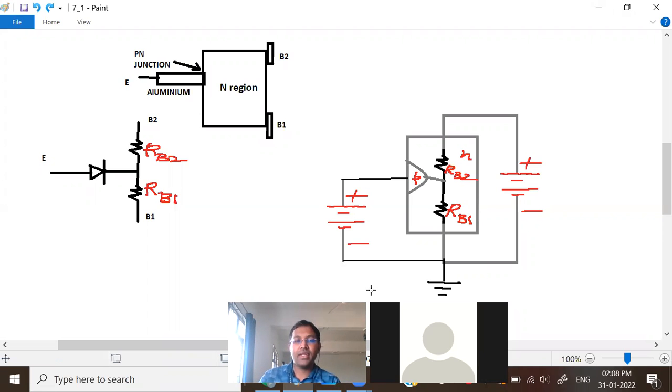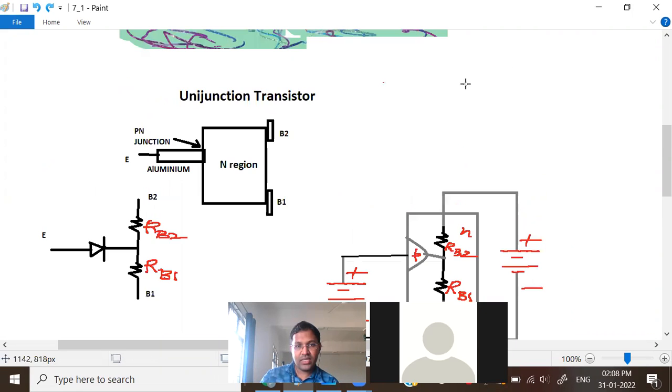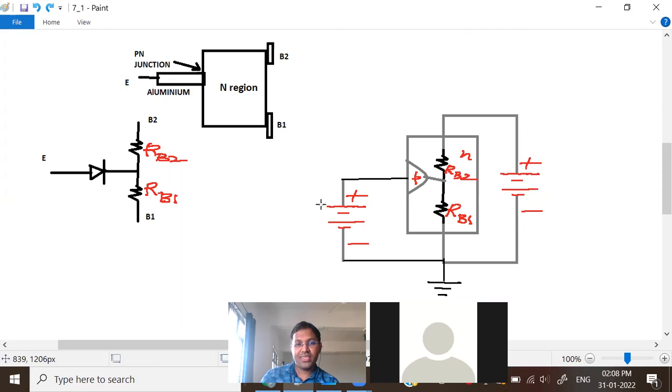So what we are representing here is the UJT in a somewhat different form, and also we are providing the voltages.